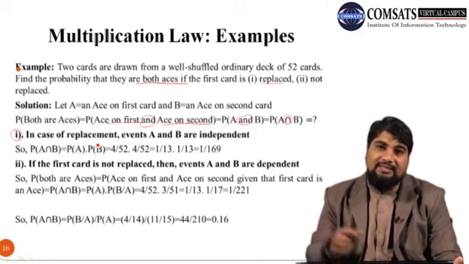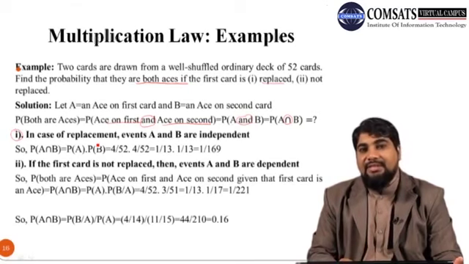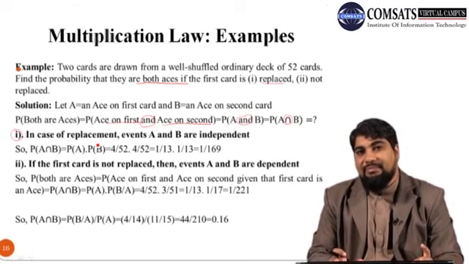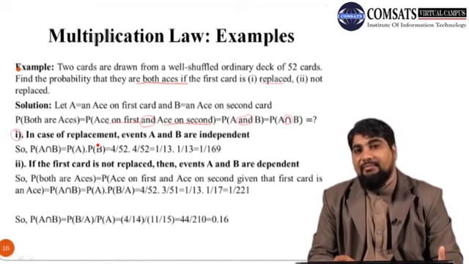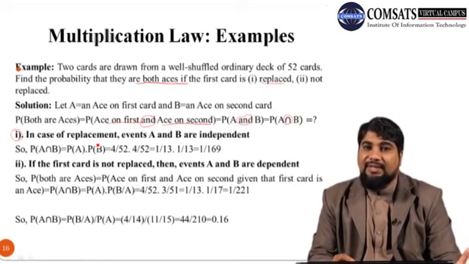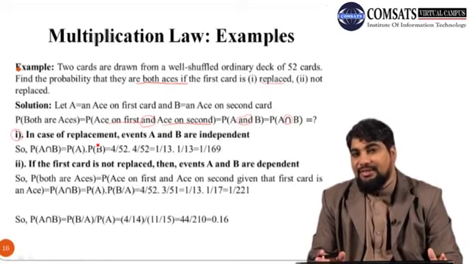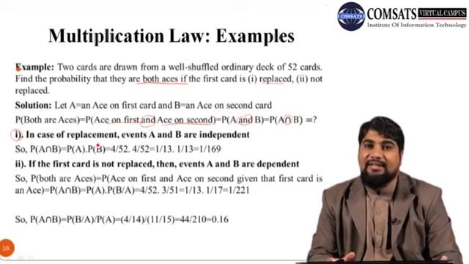But since this card is replaced back, we have the same 52 sample points. So if the second card is drawn again from these sample points, its probability will not be affected by the first drawn card. That's why the occurrence of the first ace has no impact on the occurrence of the second ace.